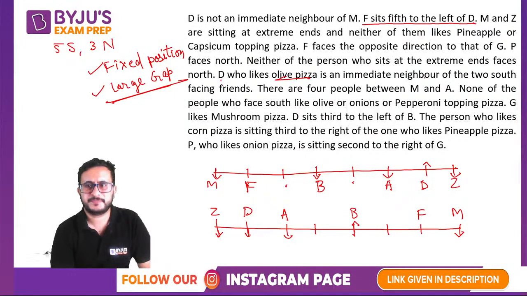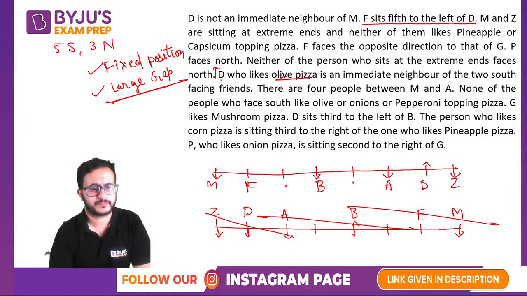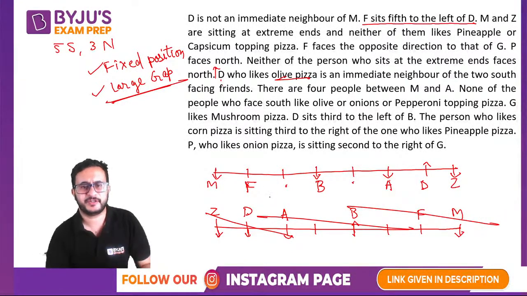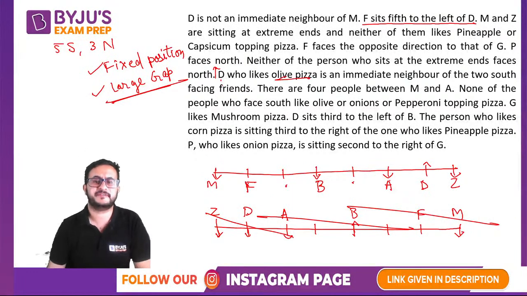It says none of the people who face south like olive or onions or pepperoni topping pizza, right? So that means D is facing north. So this eliminates this case. So we did not fill this. D is facing north in this case, right? So this is the case that we will get.